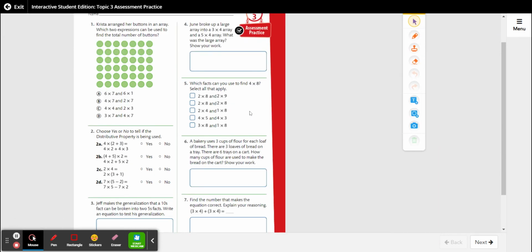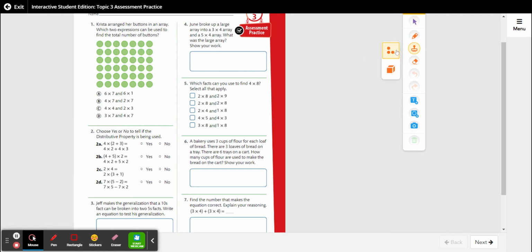Number 5, which facts can you use to find 4 times 8? Select all that apply. So first, once again, we're talking about the distributive property. And when you look at these expressions, think of the "and" as the plus sign. So does it make sense that these two expressions together are equivalent to 4 times 8?